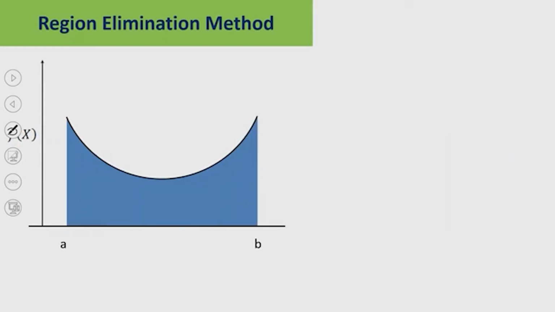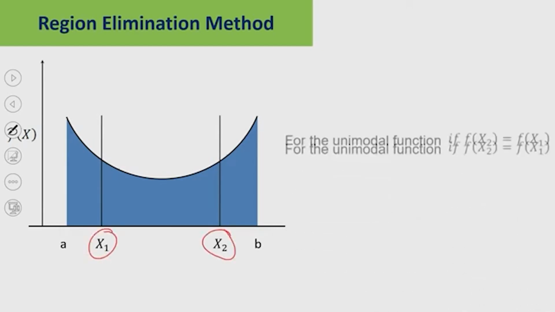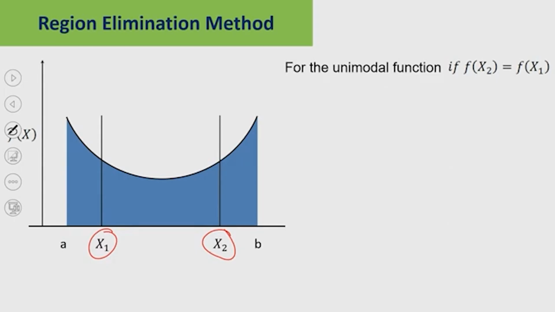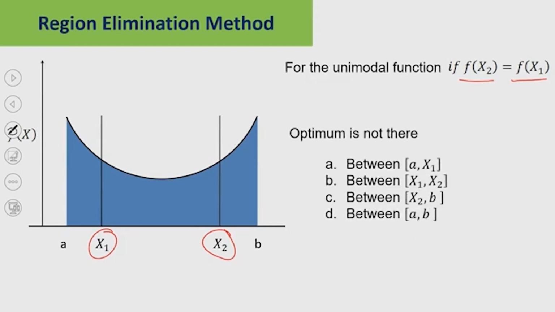Now, let us take the third question. For the same unimodal function, if I take another 2 points x1 and x2, in this case f(x2) is equal to f(x1). In that case, which one is true? Optima is not there between a and x1, x1 and x2, x2 and b, or a and b.